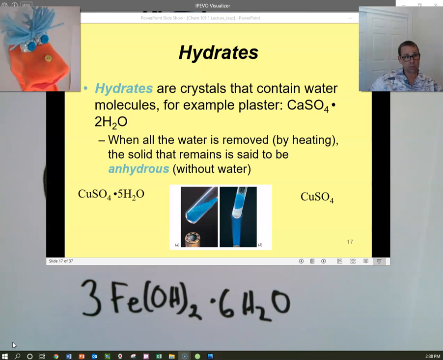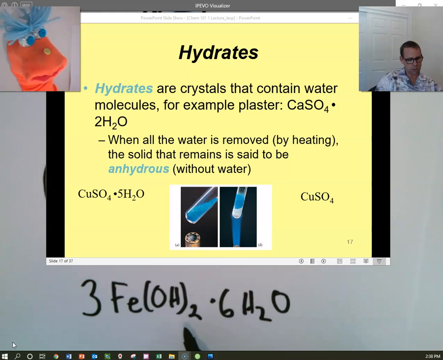Well, there's 6 oxygens from the 6 waters. That 2 down there on the hydroxide, yeah, that is saying that there's 2 oxygens for every iron hydroxide. So that would be 8 for every unit.